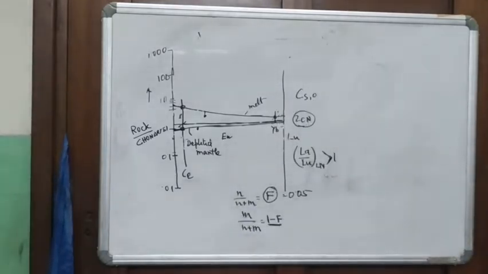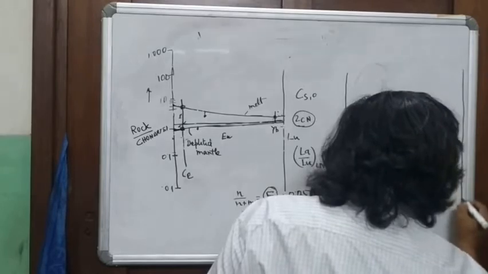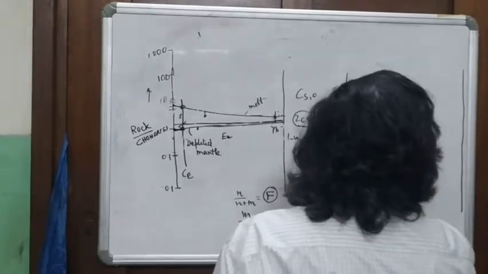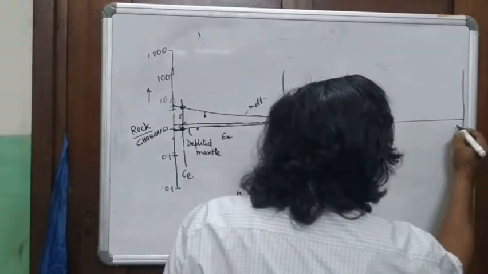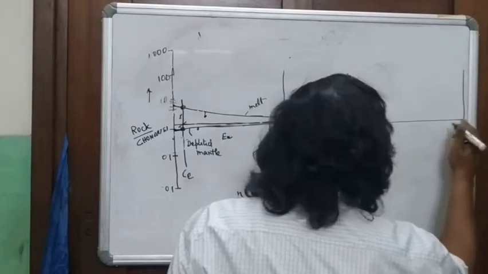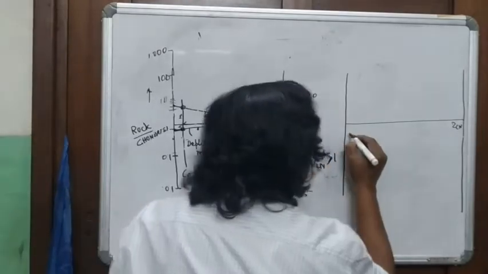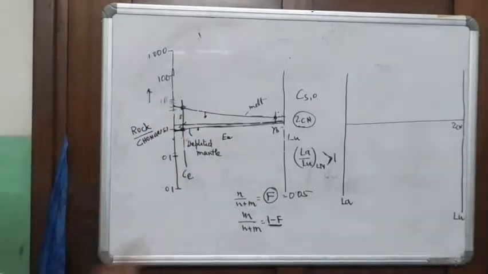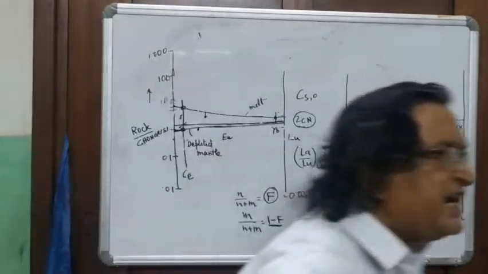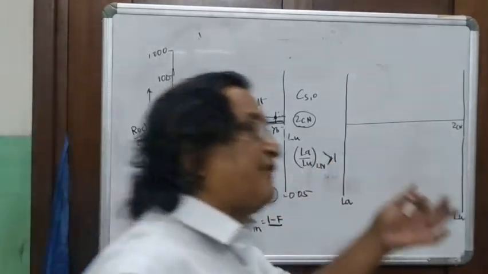If now I conceive another diagram here, I take the same value normalized to chondrite, Cn of the original rock, and I take this as lanthanum and take this as lutetium, but I use a garnet peridotite, with a lot of garnet.